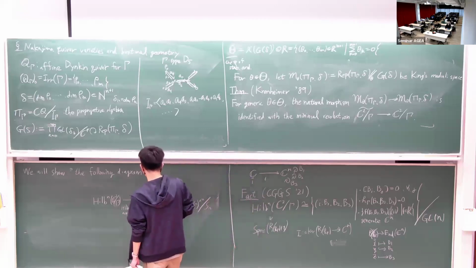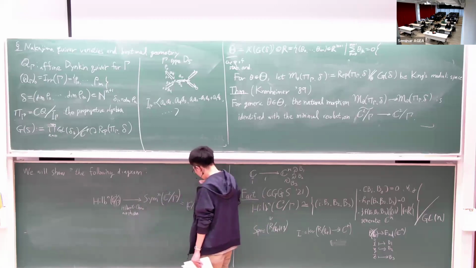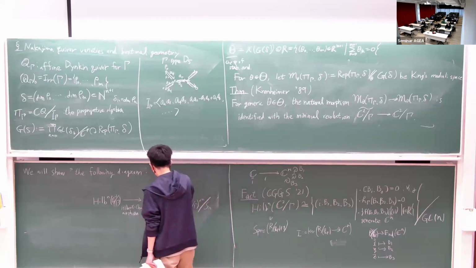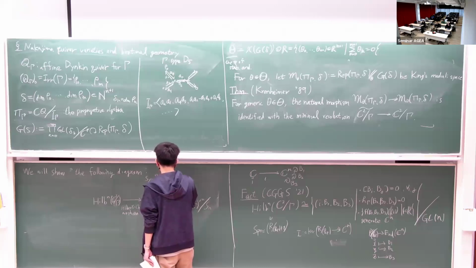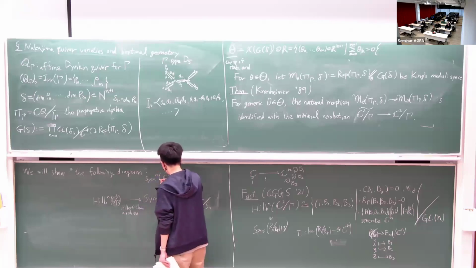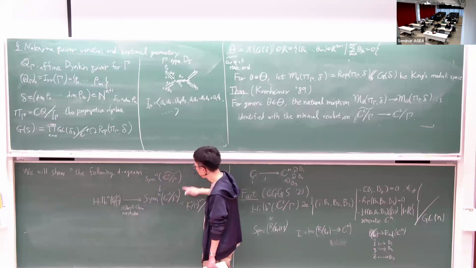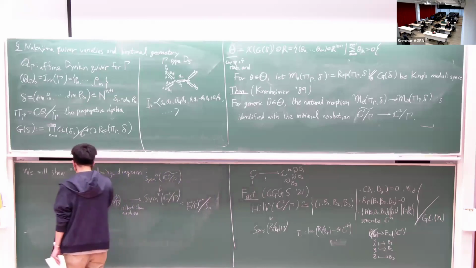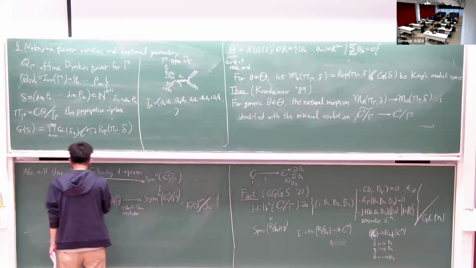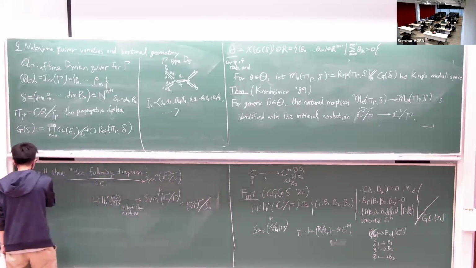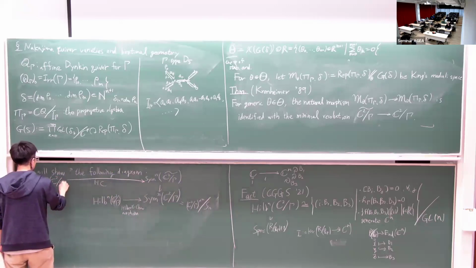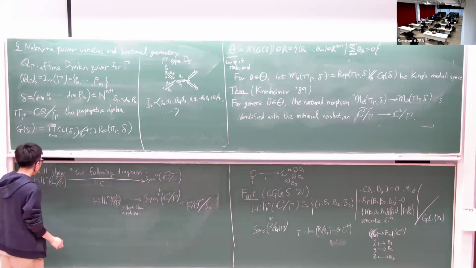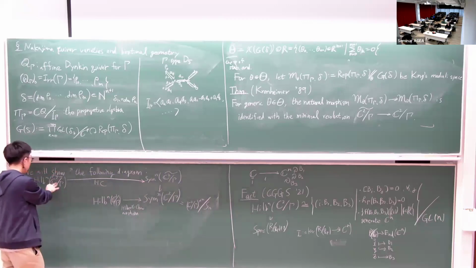And also, since taking the symmetric power is functorial, we also have the symmetric power of the minimal resolution of this ADE singularity. So we have a regular morphism from here to here, and we can also consider the Hilbert-Chow morphism from the Hilbert scheme of n points on the minimal resolution.